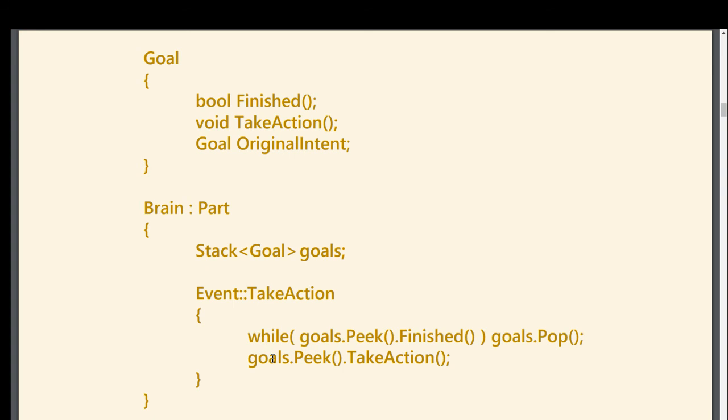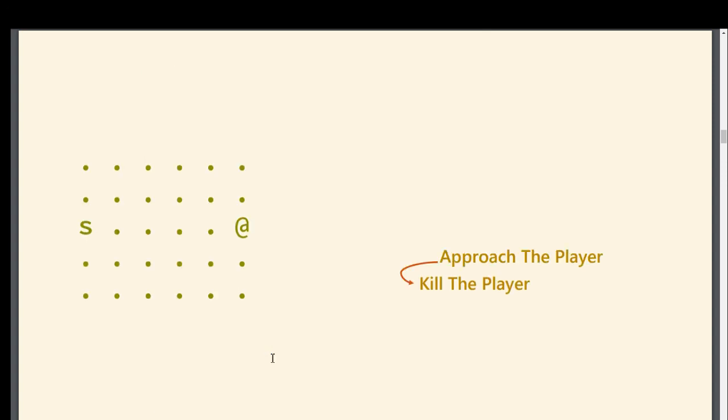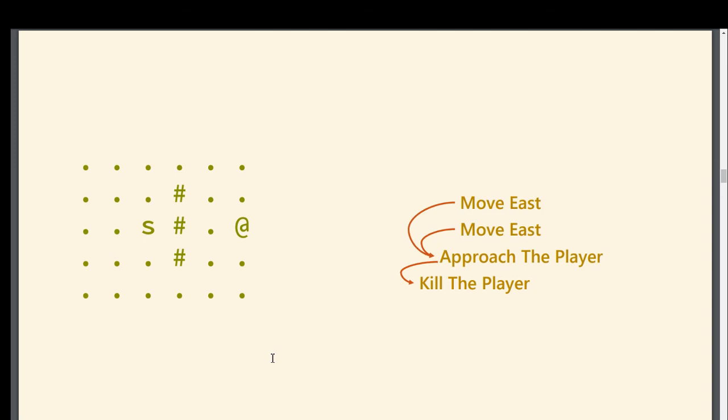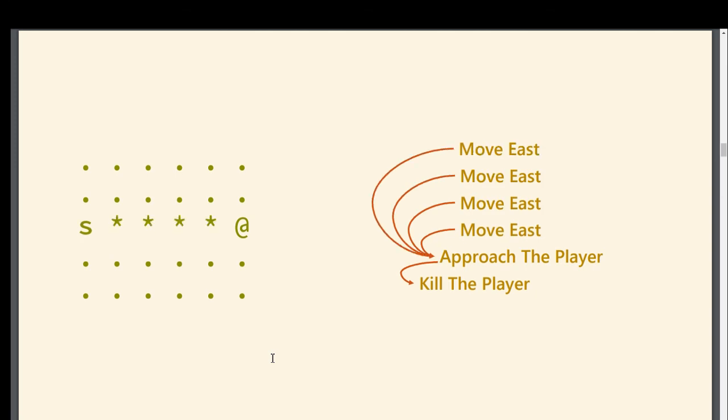The question is, I canceled off a bunch of moves, and it might have seemed arbitrary. I glossed quickly over it, but if you look at the goal implementation, you'll see that there's actually an original intent goal. When something gets pushed onto the stack from a goal, it says, I'm the intent. The red arrows indicate the intent relationship.